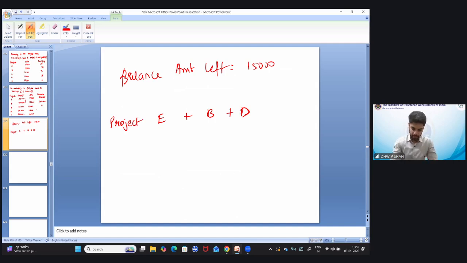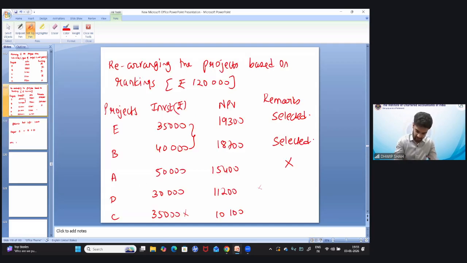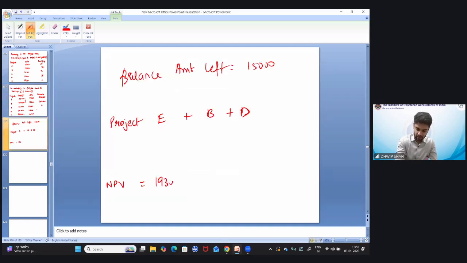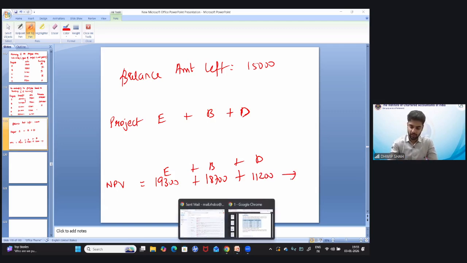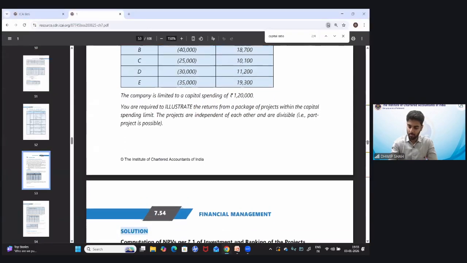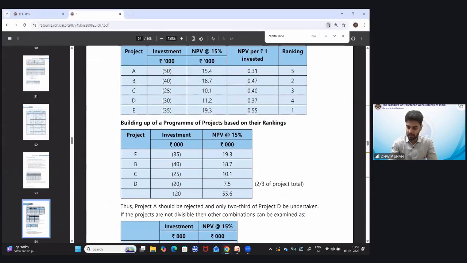Okay? And accordingly, NPV would be E's 19,300 plus B's 18,700 plus D's NPV of 11,200. Okay, so this is what you would earn, total profit in very loose language, in present value terms, if you take projects E, B, D. This was the scenario when projects are indivisible.